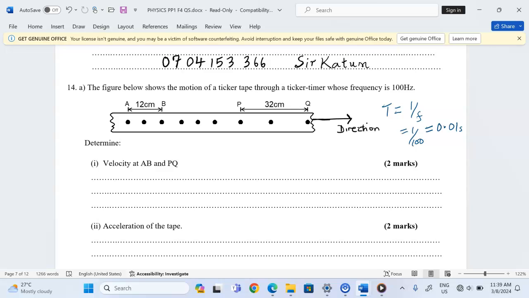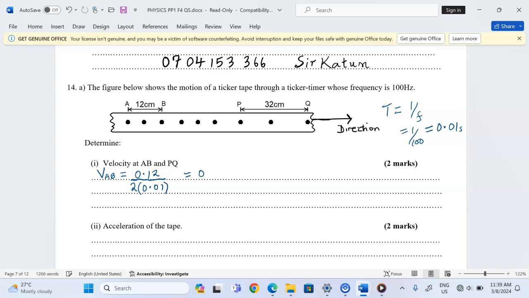Now we want to get velocity at AB. Velocity is usually given by the displacement divided by the time taken. Therefore, a displacement of 12 centimeters now becomes 0.12 meters divided by, if for an interval we have 0.01, then for two intervals we shall have 2 times 0.01.